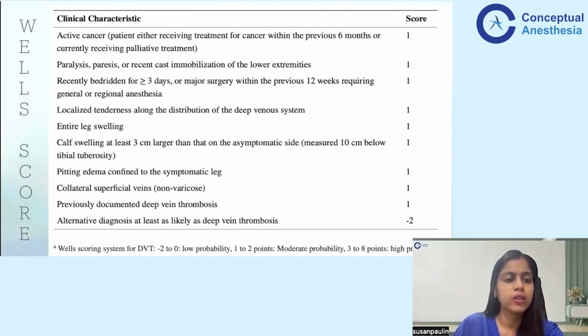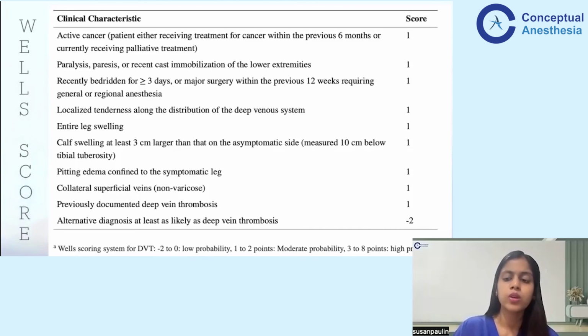Another frequently used score is the Wells score, which takes into consideration disease processes such as cancer, paralysis, paresis, cast immobilization, or being bedridden, localized tenderness, swelling, collateral superficial non-varicose vein edema, and the previous history of DVT.